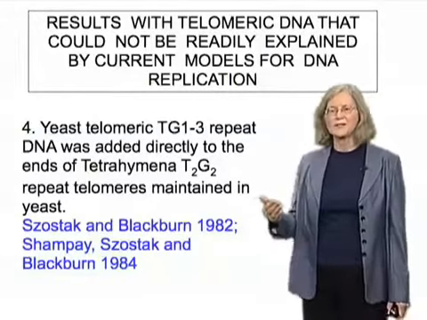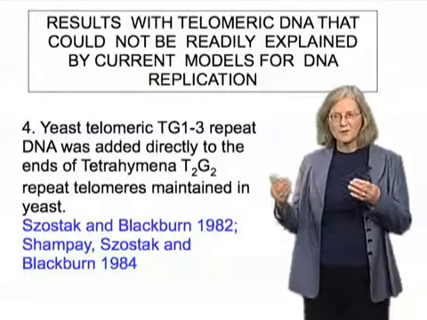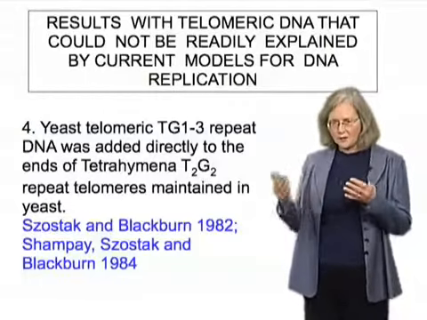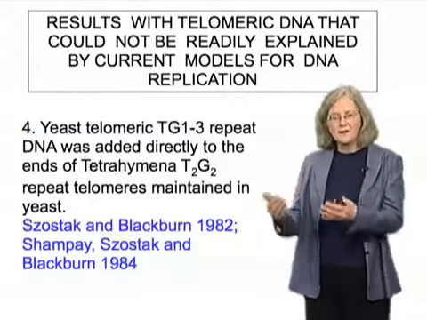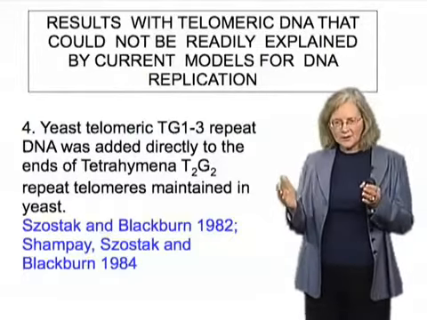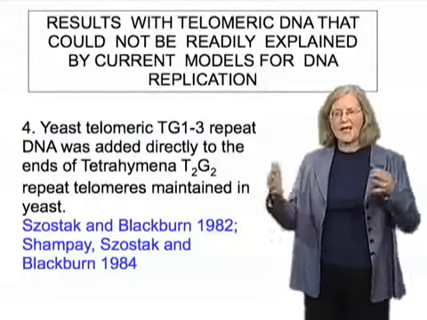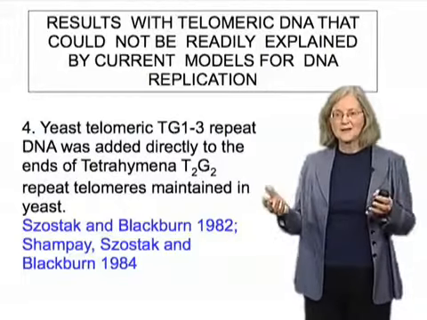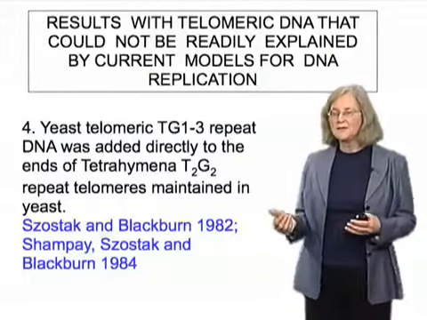and introduced those into cells. So the grafting was done in vitro with enzymes and the purified DNA molecules, and then the resulting hybrid of the yeast linearized plasmid and the telomeres added onto its end was introduced into yeast cells.